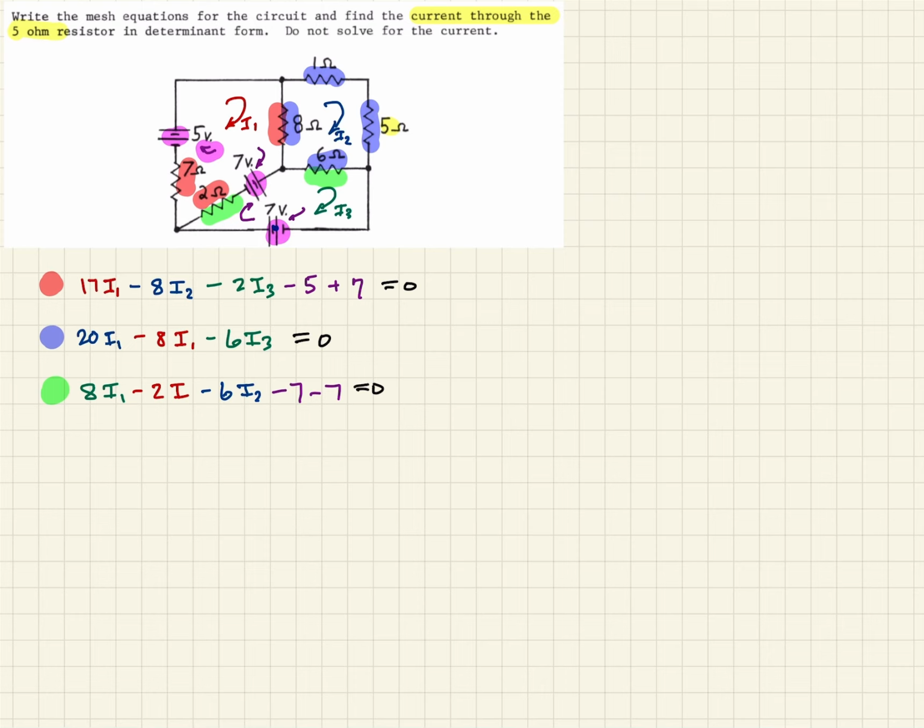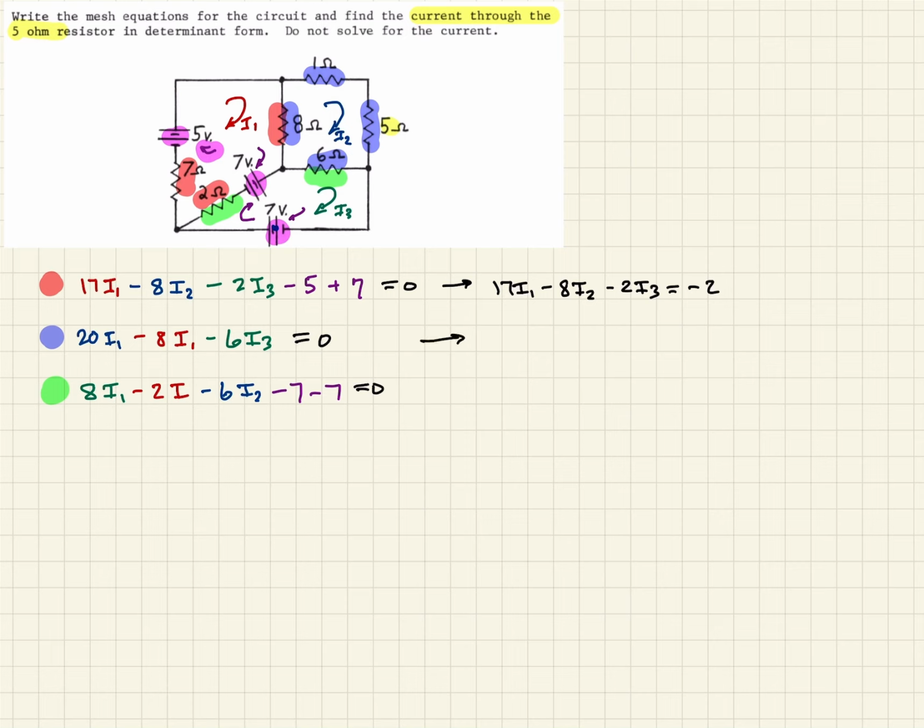Now we should be able to gather like terms and rearrange things a little bit. When we do, we should have 17I1 minus 8I2 minus 2I3, and that's going to be equal to -2 for that one.